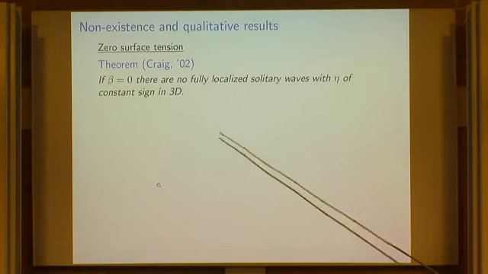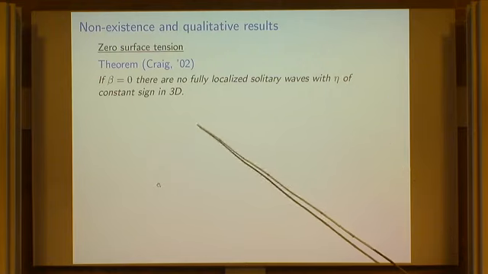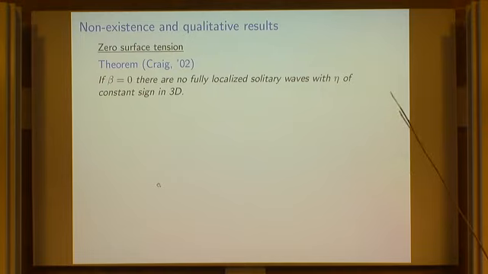If you have no surface tension, then Walter-Craig proved that there are no fully localized solitary waves with constant sign. So we all know that in 2D, gravity solitary waves are elevation.